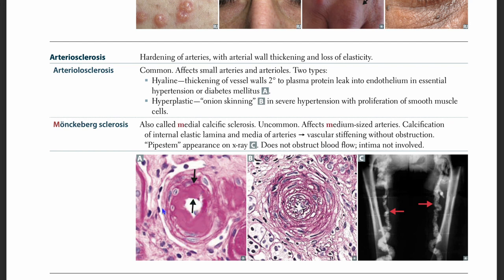Initially it's going to take it, but that's also going to build up a little bit of resistance, and then it's going to keep building up, and eventually it's going to start doing it to the other layers as well. That's why you get the thickening. So hyperplastic onion skinning in severe hypertension with proliferation of smooth muscle cells.